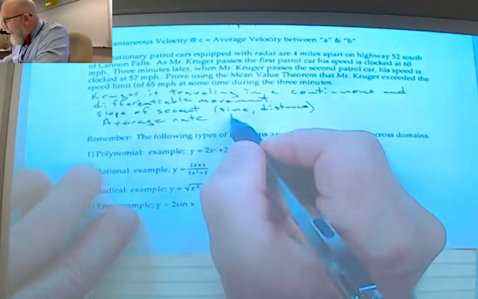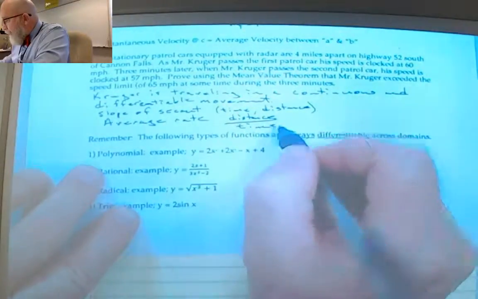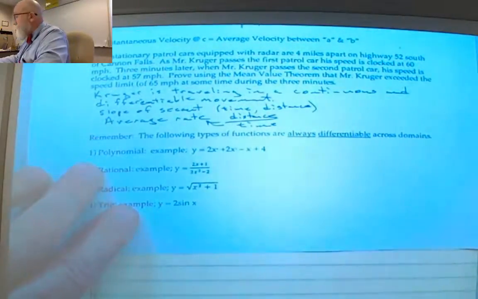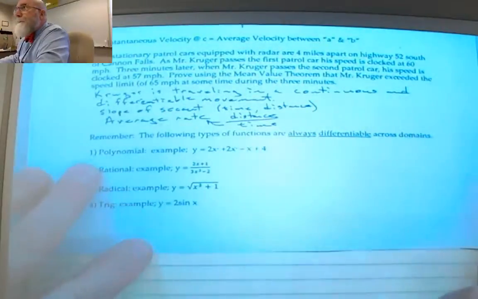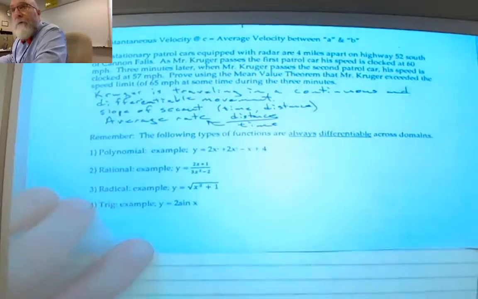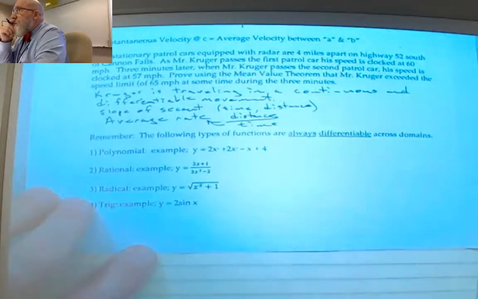Because when you take distance and divide it by time, don't you get a rate? So what are my points? That's why I'm saying slope of a secant line. I need 2 of them, right? What's one of them? Time and distance.